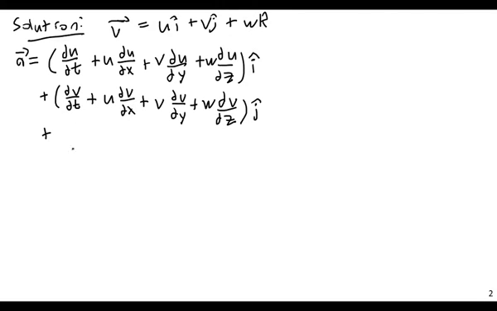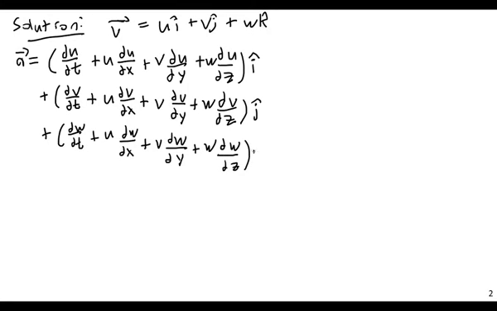Plus, then, in the k direction, the partial of w with respect to t, plus u times the partial of w with respect to x, plus v times the partial of w with respect to y, plus w times the partial of w with respect to z. And all of this in the k direction.